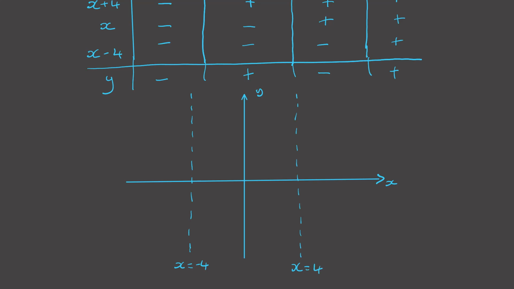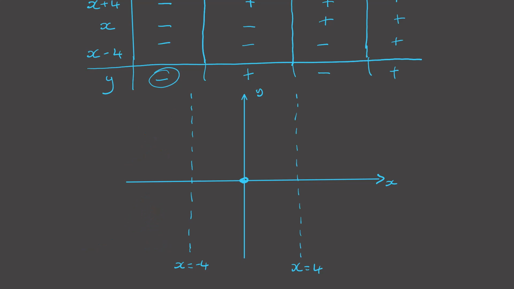We know it goes through the point 0, 0. Now, we know from the table that we did that the graph is negative, and therefore it must be here below the axis in this region here. That's where the graph's going to be. It can't be up there.